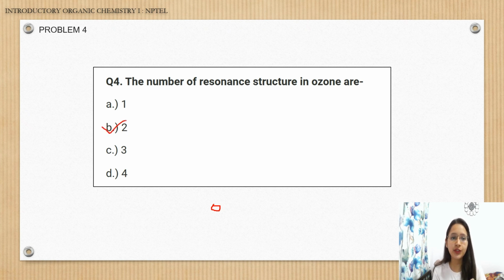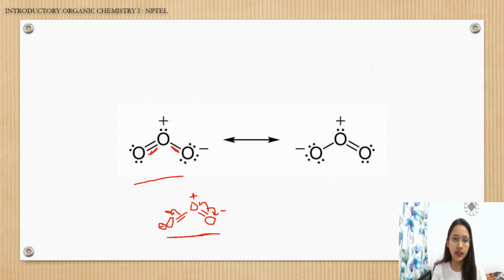So how many resonance structures can be possible for ozone? Can anyone answer now? Two. Very good. So there are only two structures that are possible for ozone, because here one double bond can shift onto this oxygen, the bonded electrons can get onto this oxygen giving a negative charge, and this oxygen will get a positive charge.